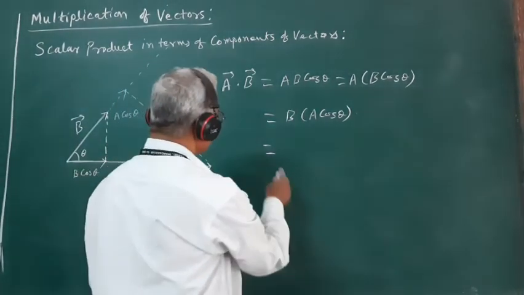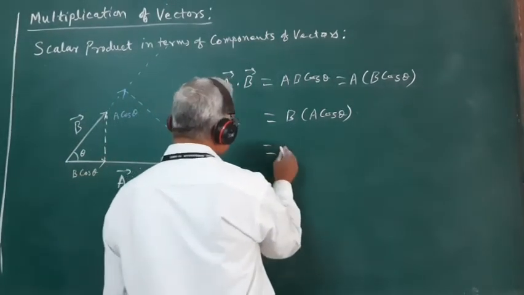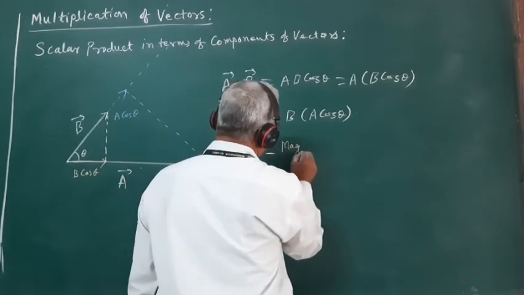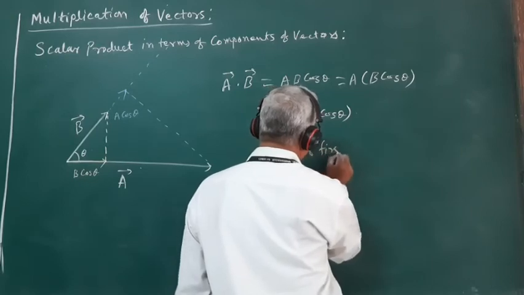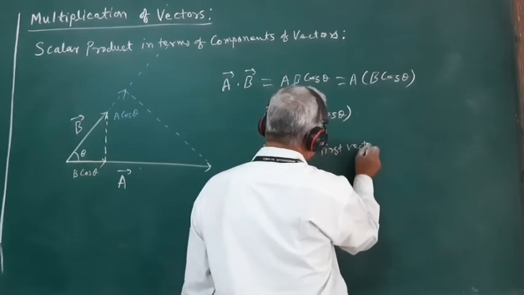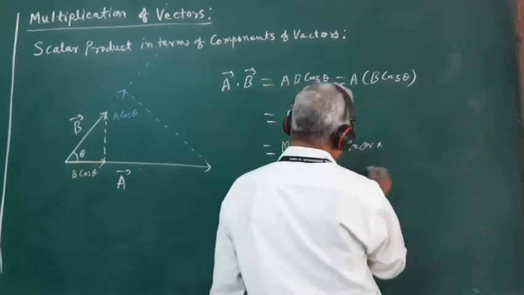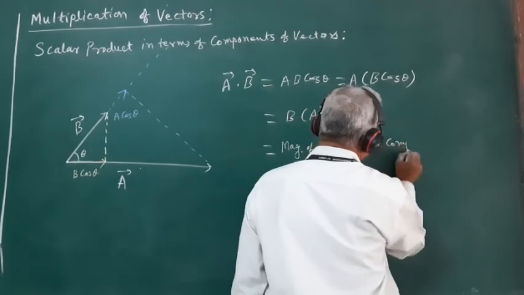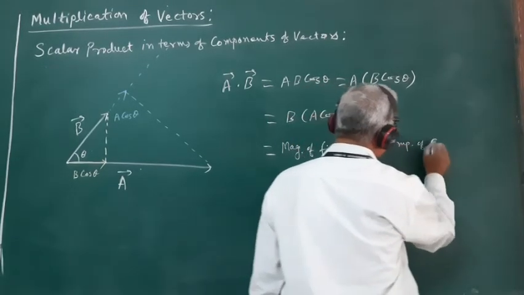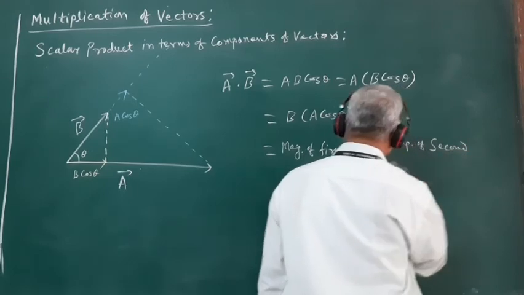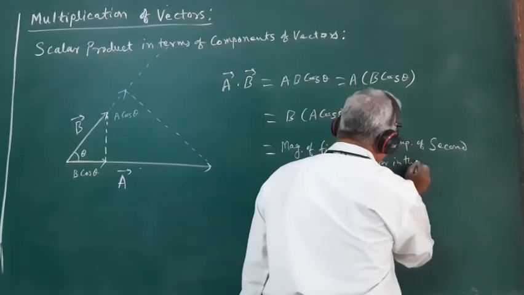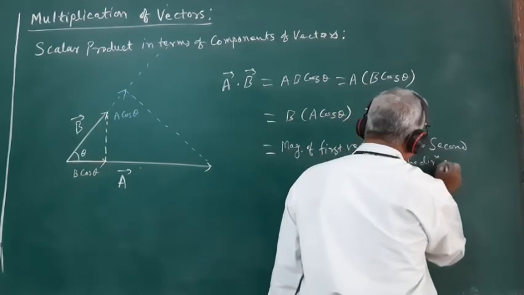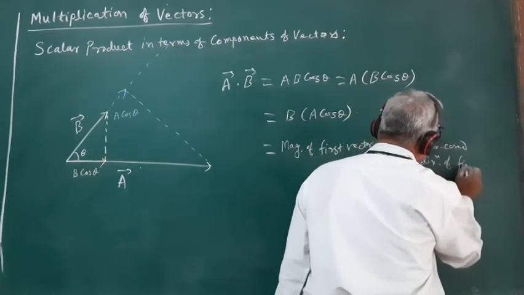So we can express this dot product, in general, as the magnitude of the first vector into the component of the second vector in the direction of the first vector.